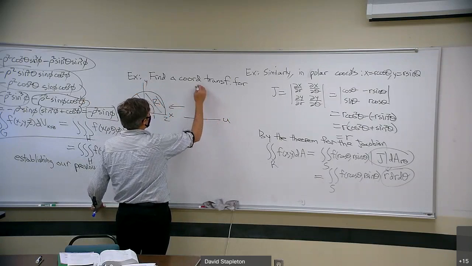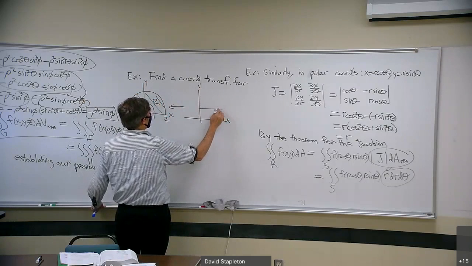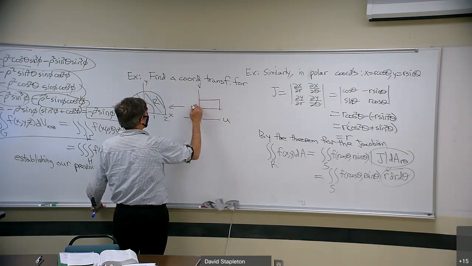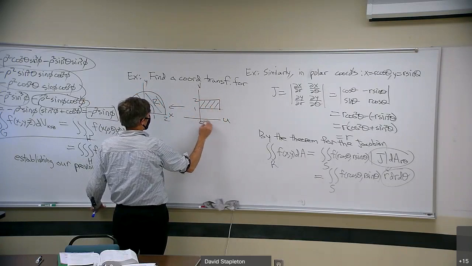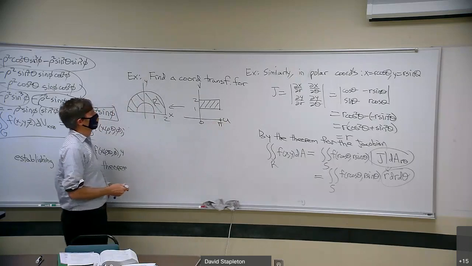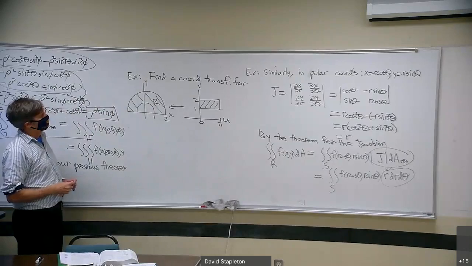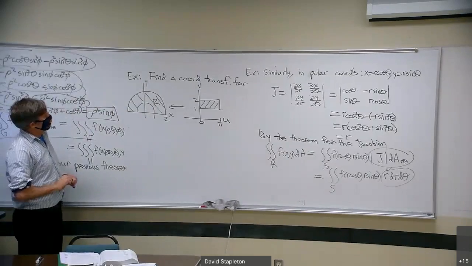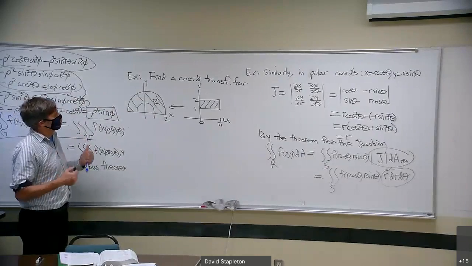U and V, where this is a rectangle between 1 and 2, and 0 and pi. Do you see what the transformation is immediately? What could that be? Once again, the idea in these things is to make the coordinate transformation so you have easy integration endpoints.